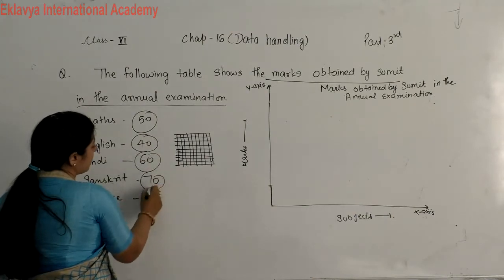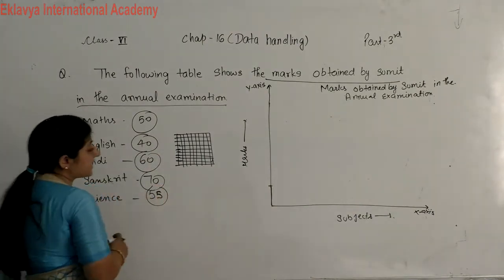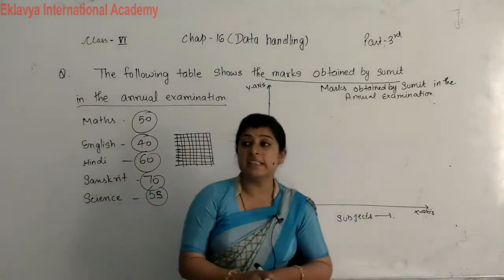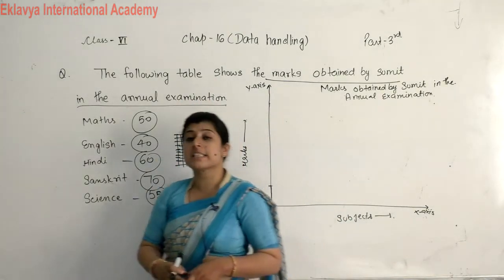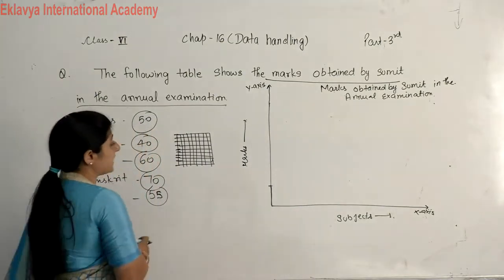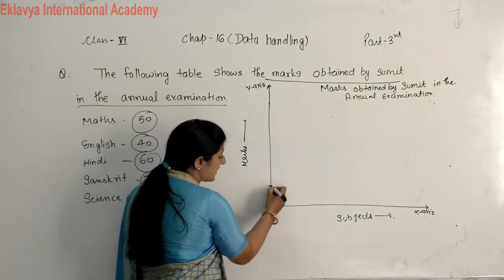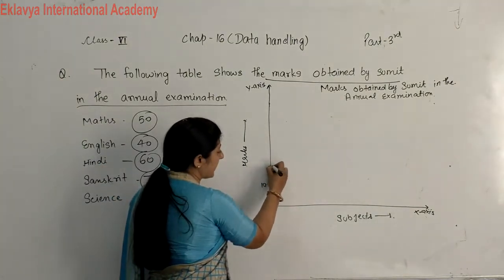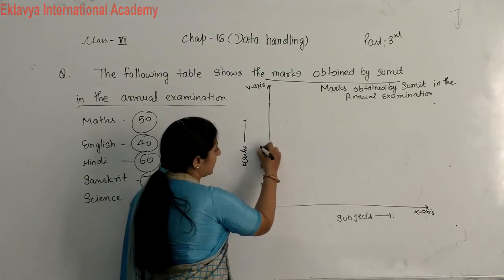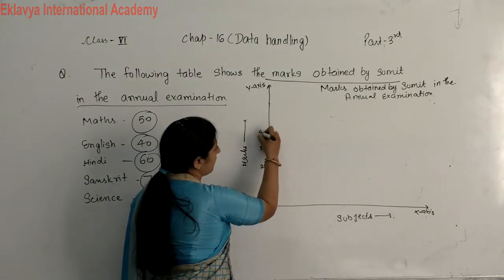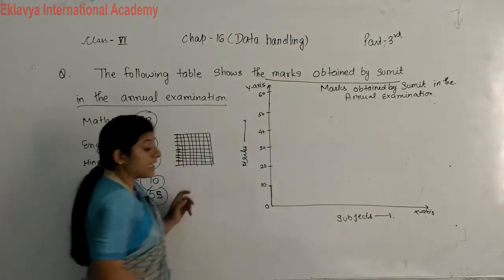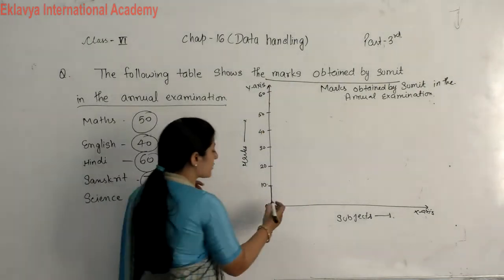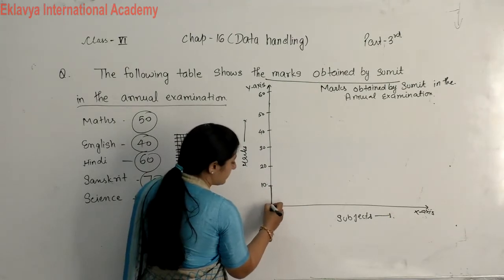If I take steps of 10, then I can easily draw my graph: 10, 20, 30, 40, 50, 60. So I take each large box as 10, 20, 30, 40, 50, 60.